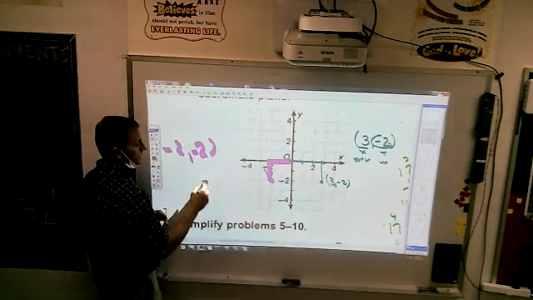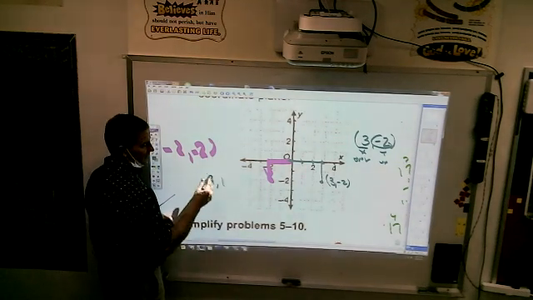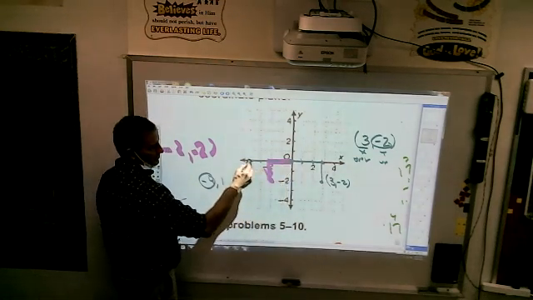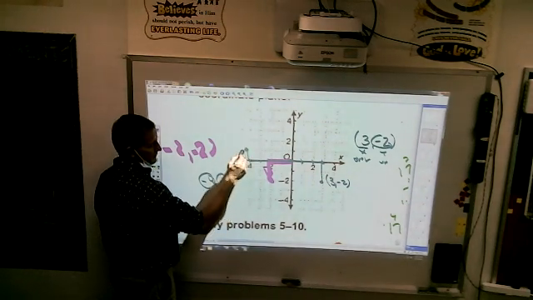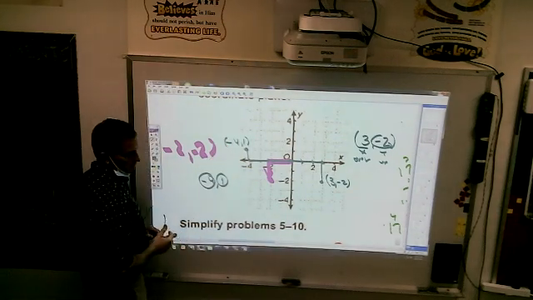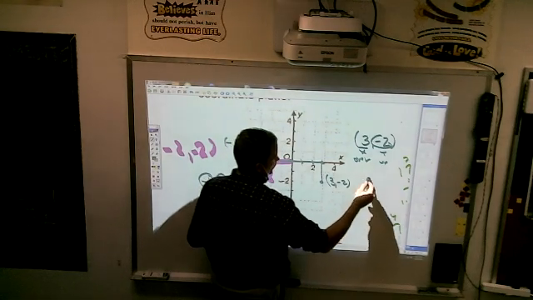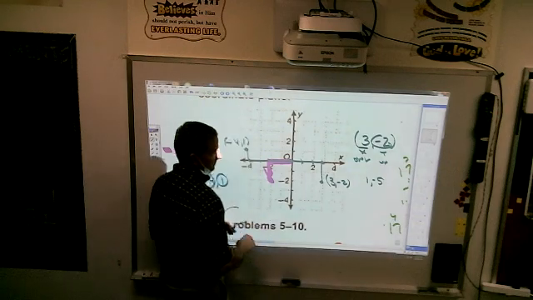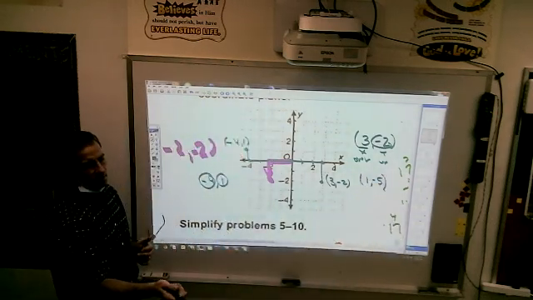If it was negative 4 comma 1, negative 4 is the over number. To go over negative 4, I'd have to go this direction. And this is positive, so I go up 1. Negative 4, 1. Does that help? Tyler, let me give you one. Where would 1 comma negative 5 be? Come draw me a dot.